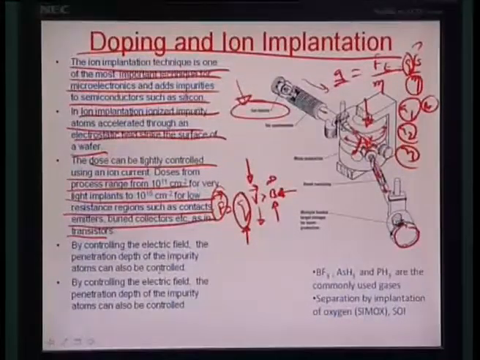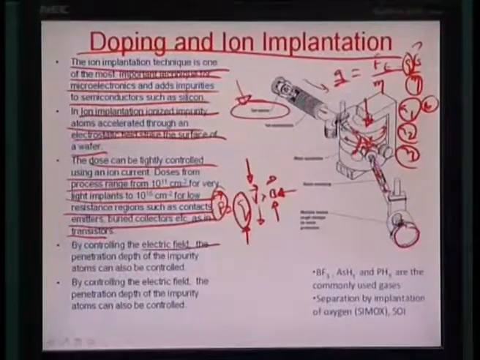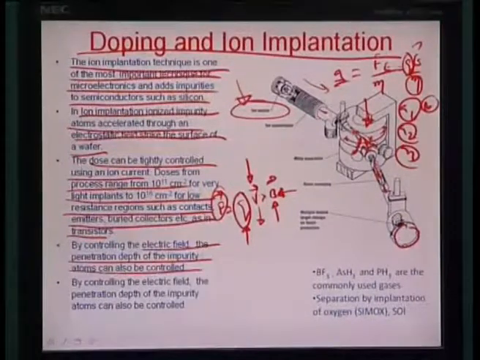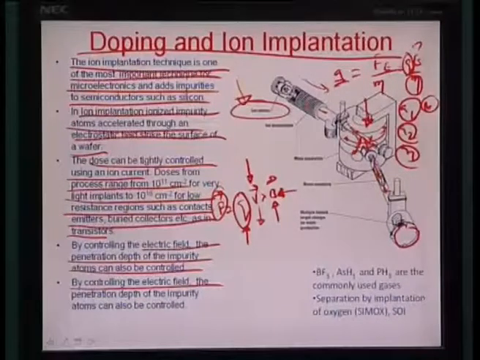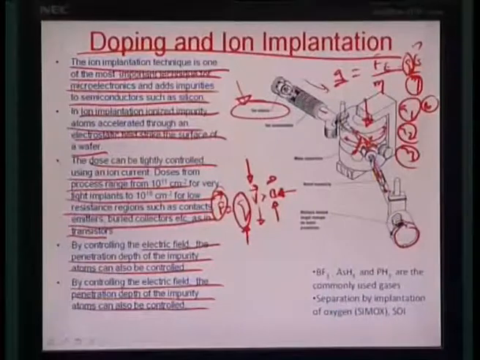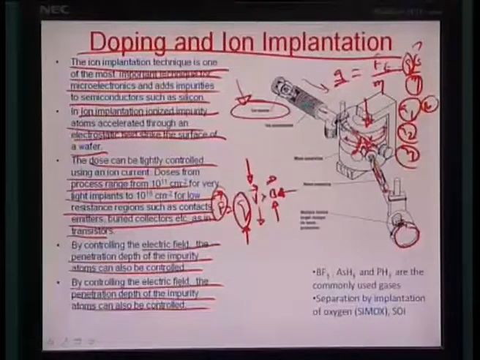And by controlling the electric field, the penetration depth of the impurity atom can also be controlled. So you can decide up to what extent you want to make it a P plus or a P double plus or an N minus, and so on. The penetration depth can be made smaller or bigger.